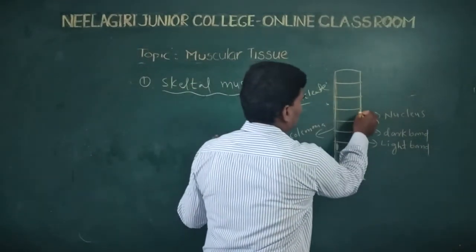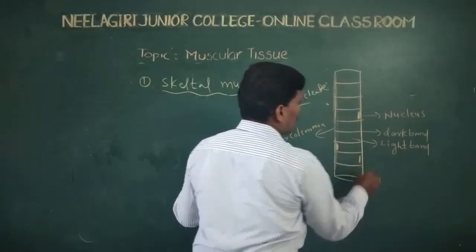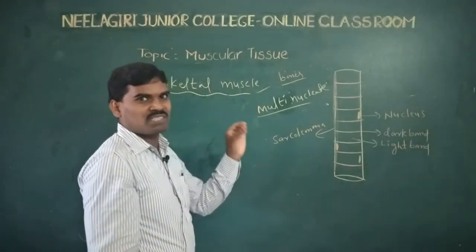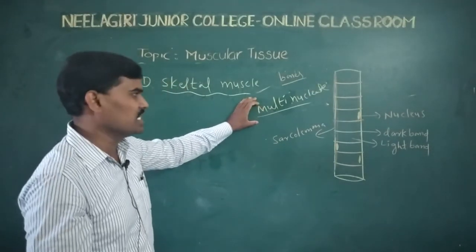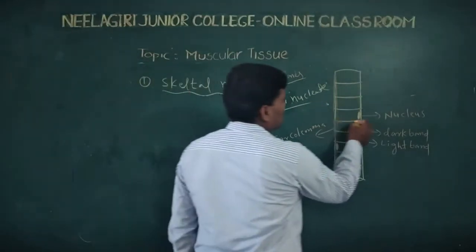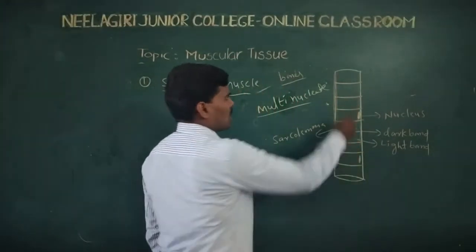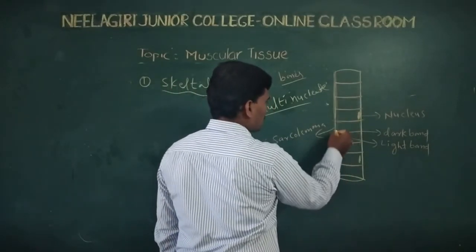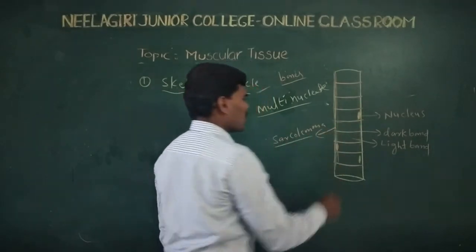Multinucleate because this is one nucleus, this is another nucleus and another nucleus. Any muscle with one or more nuclei is called multinucleate or syncytium. Inside, the cytoplasm is called sarcoplasm. Each muscle fiber is surrounded on its upper surface by a sheath called the sarcolemma.